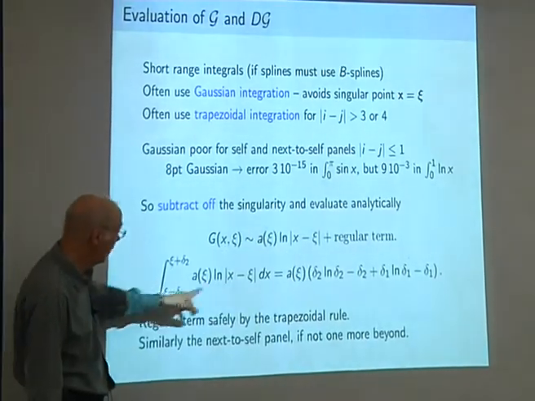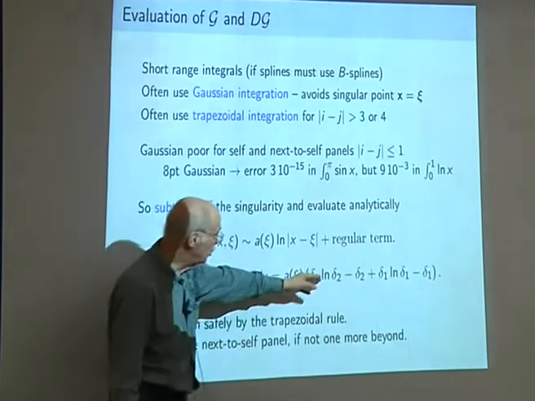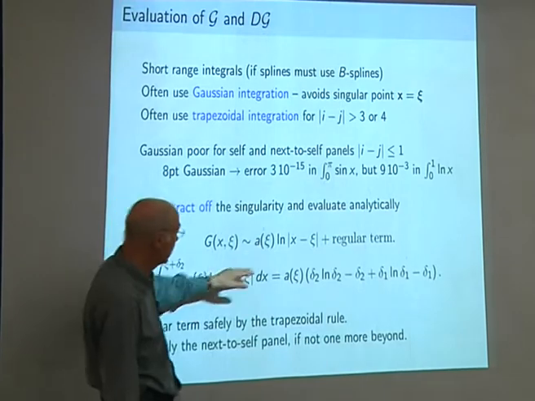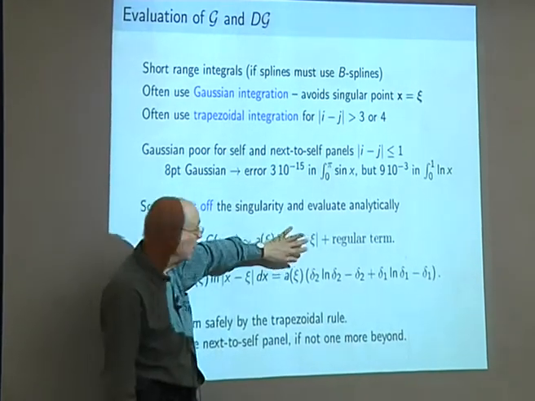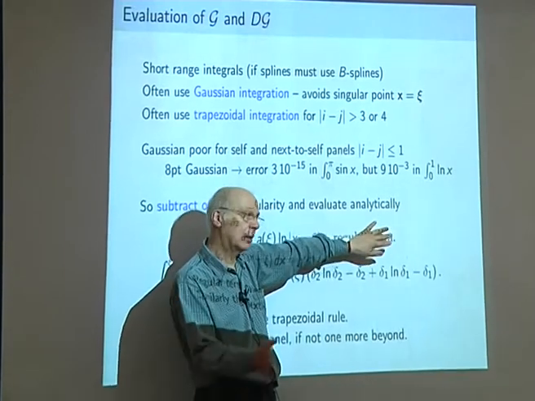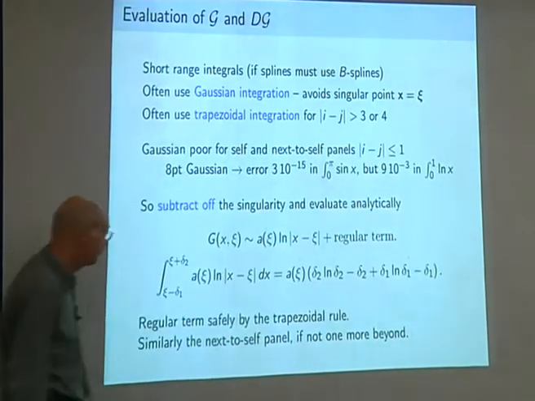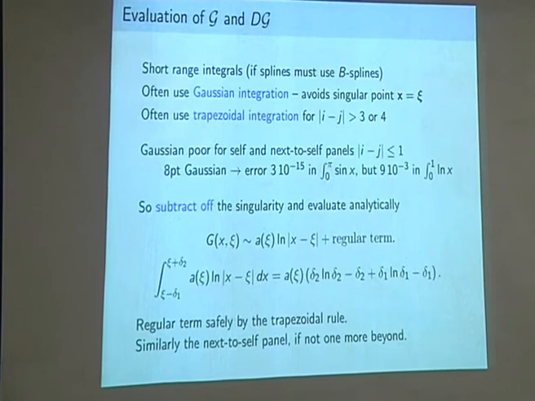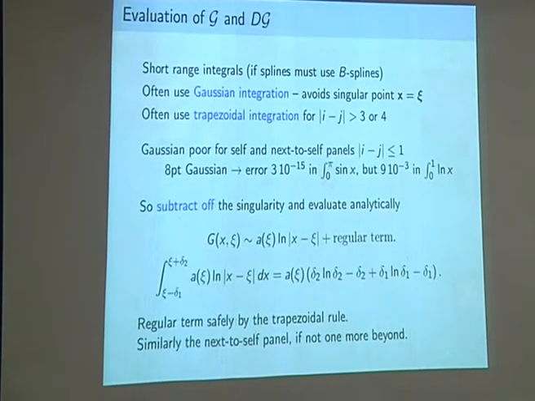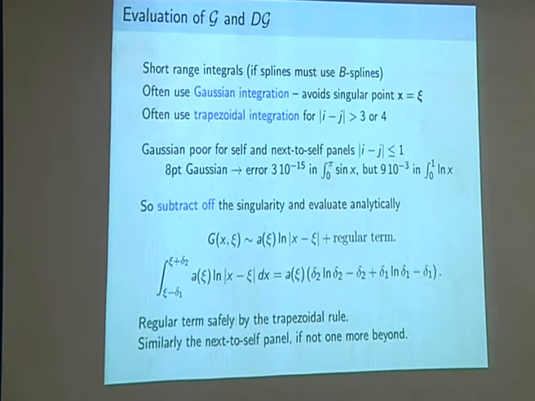The answer is a log of delta at the ends, so I can integrate that one analytically. The remainder is a regular, nice function, so I can integrate that by a trapezoidal rule. And I do it not only on the self panel, where the singularity is, but on the adjacent one and the second adjacent one. I've even sometimes done it all the way around.